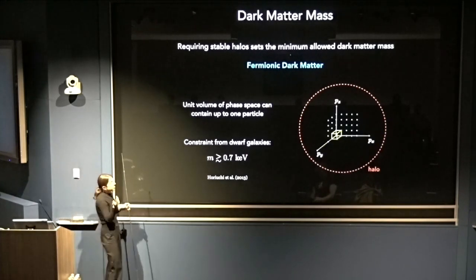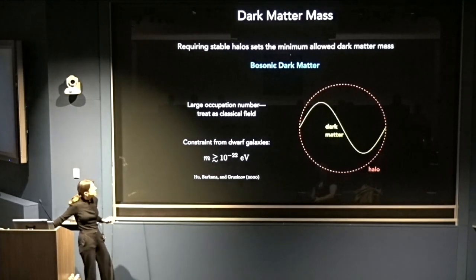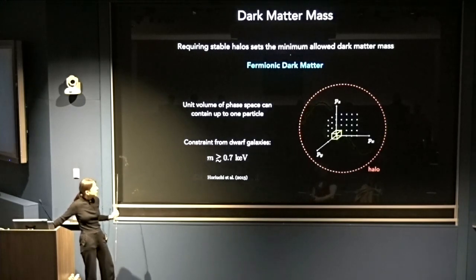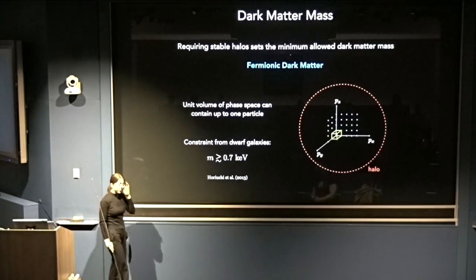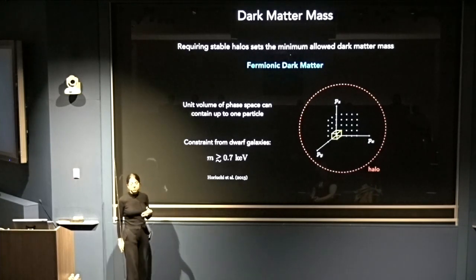And just to provide a counterpoint to this, the statements that I made here are very specific to what are called classes of particles known as bosons. If we instead talk about fermions, the allowed mass range is very different. So this all comes down to essentially the Pauli exclusion principle.